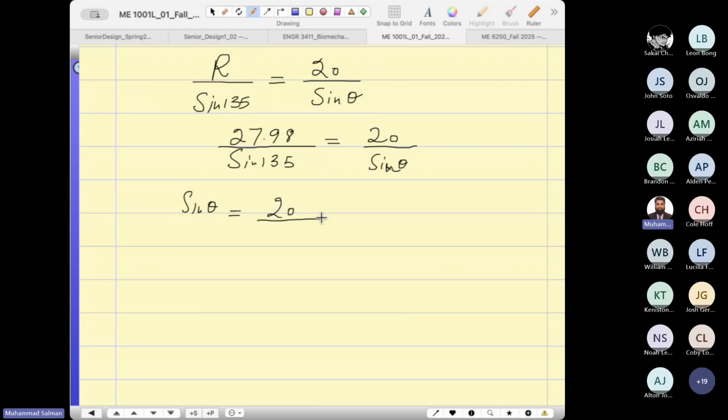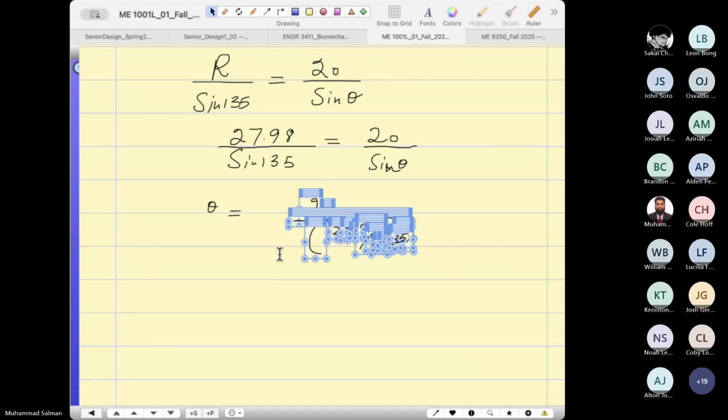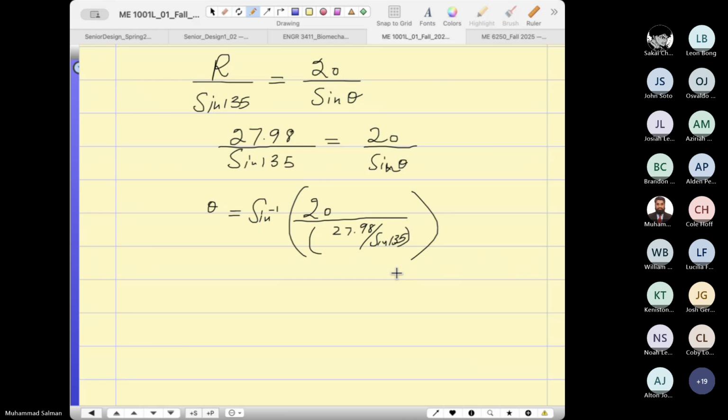20 divided by sine theta equals 27.98 divided by sine 135, then I can bring this to the right hand side. I want to use arc sine of 20 divided by 27.98 times sine 135.